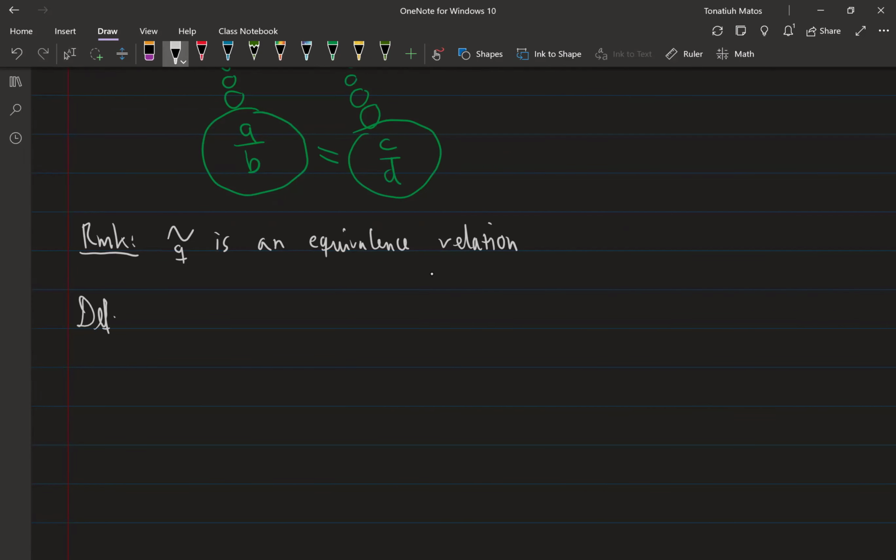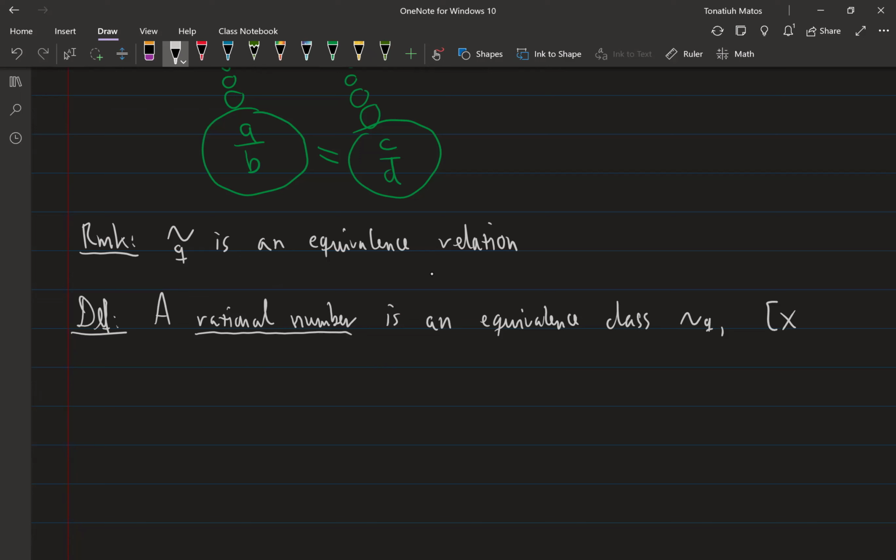Using that, I can define what a rational number is. So a rational number is an equivalence class. Right? So you take any tuple, and then the equivalence class is what I call a rational number.